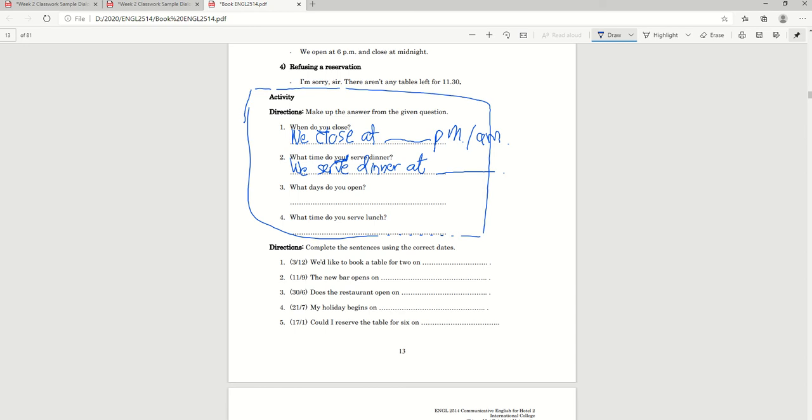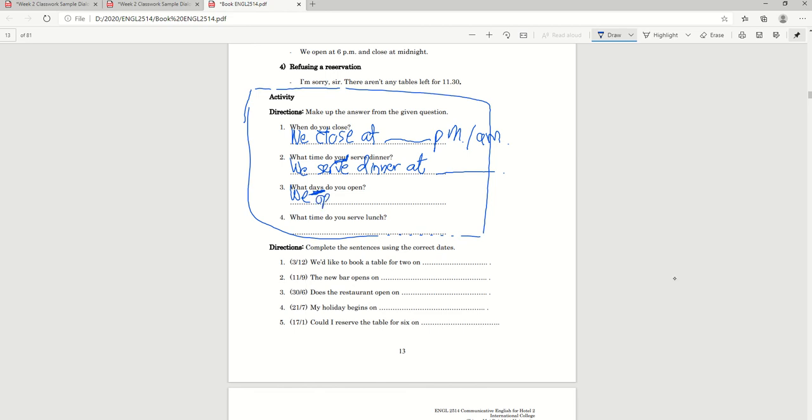What days do you open? Days. These are from Monday to Sunday. Or we open daily except Wednesday, for example. We open on Monday to Friday. Whatever the answer, it must be the names of the days, right?